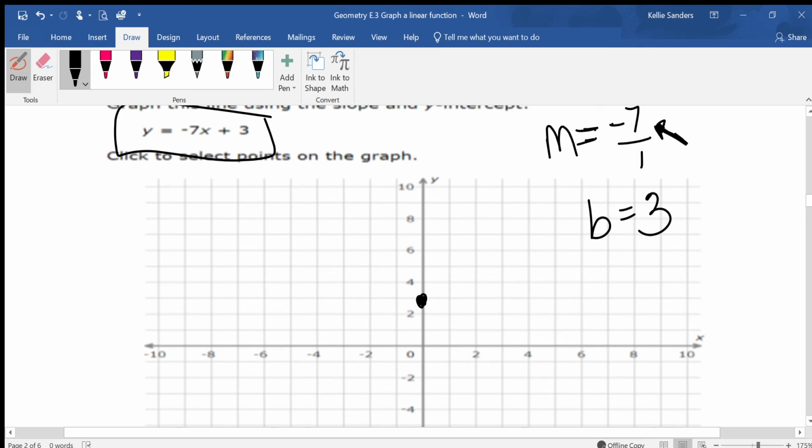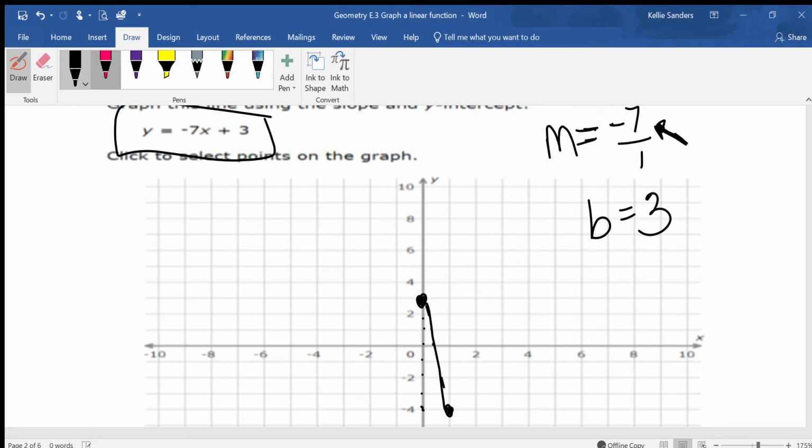If we're going to rise negative 7, that means that we're going down 7. So 1, 2, 3, 4, 5, 6, 7. If I've already went down, I've already taken care of the negative. And if I've already taken care of the negative, then when we run 1, we have to go in the positive direction. See how that kind of connects right there?